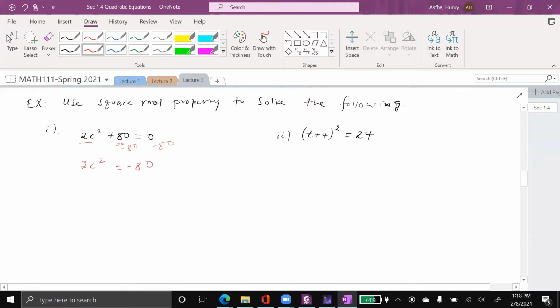And again, multiply by some number so that this can be 1, and that number has to be the reciprocal of that number. And I do the same thing on the right side. So these cancel out. We have c squared equals, and simplify this one. We have this. And now take the square root on both sides. We'll just apply the square root property.